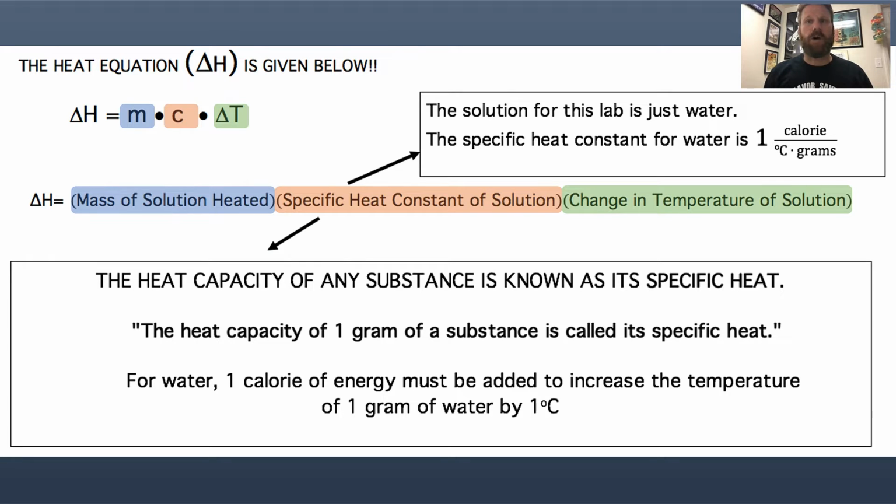This means that 1 calorie of energy is needed to raise the temperature of 1 gram of water by 1 degree Celsius. Since we know the specific heat of water and we can measure the mass and change in temperature of the water, we can calculate the heat absorbed by the water. Based on our assumption, this value is equal to the heat of combustion.